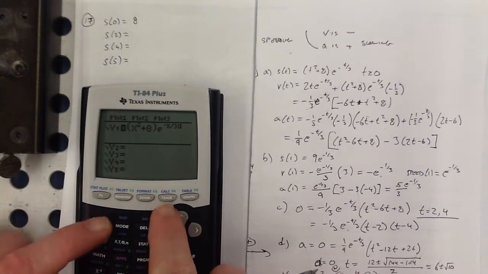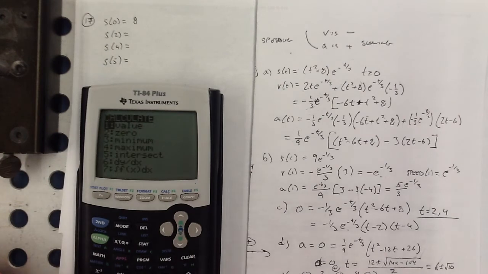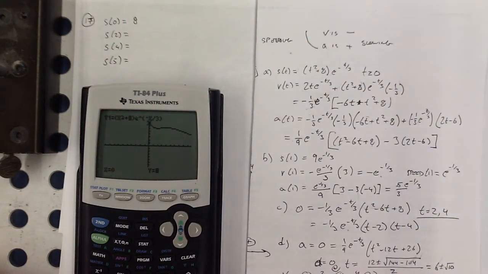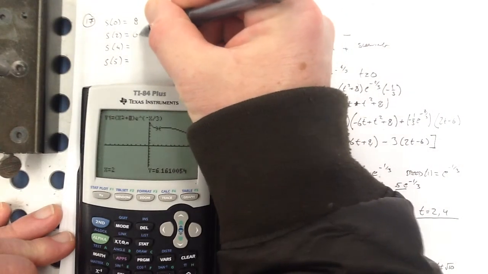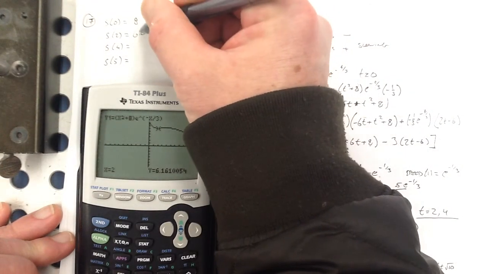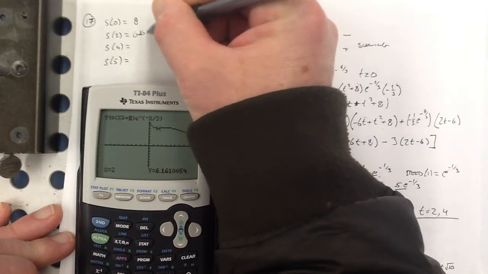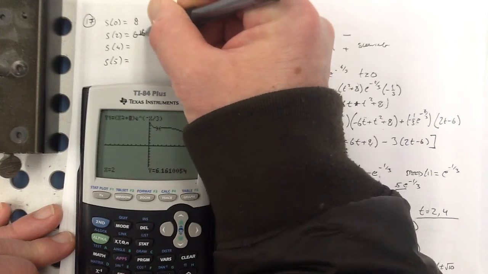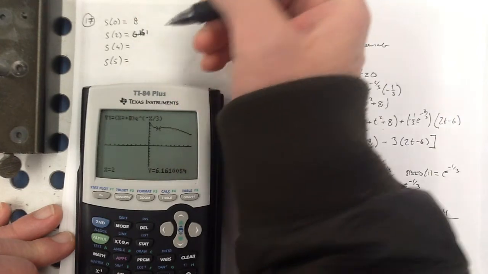And then I'm going to go to second, calculate, and get some values. So the first thing I want to plug in, I guess I could plug in 0 just to check. There it is, 8, so we didn't mess that up. And then plug in 2, and we get 6.161, rounded correctly to 3 College Board decimal places.